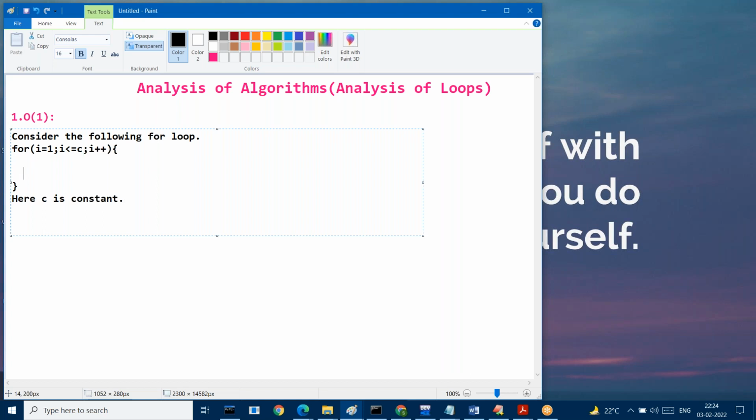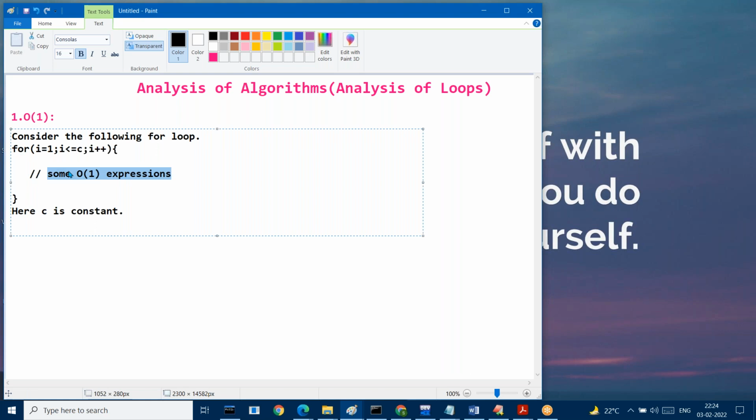And inside the loop also, I'm having some statements which will execute only one time. That means some big O of 1 expressions. Sir, can you give an example of a big O of 1 expression? Very simple, guys. Printf ABC, big O of 1. So let us assume inside the loop I am having i is equal to i plus 1.